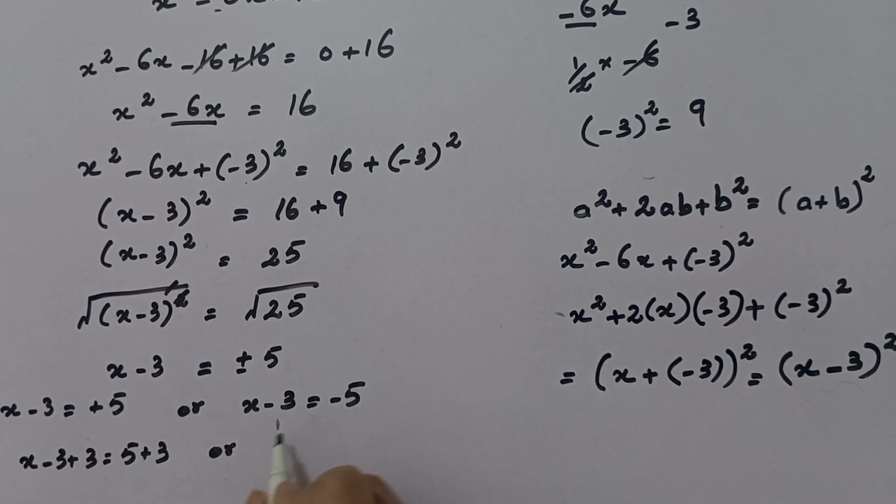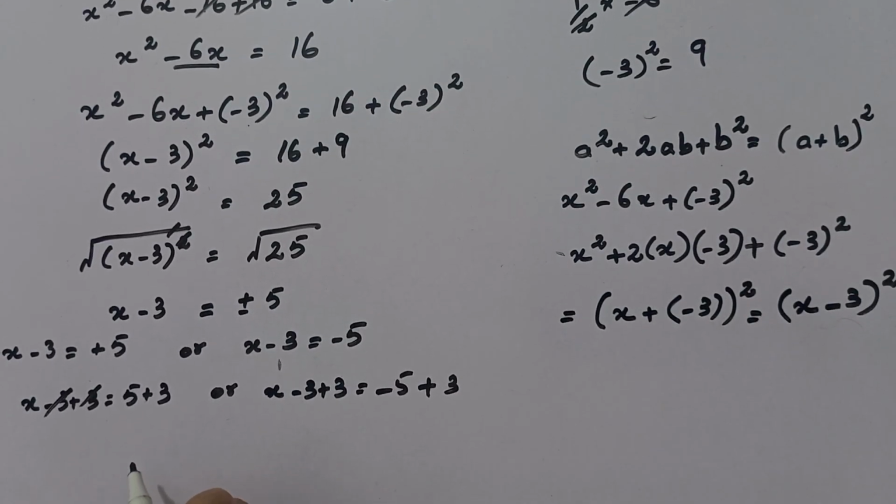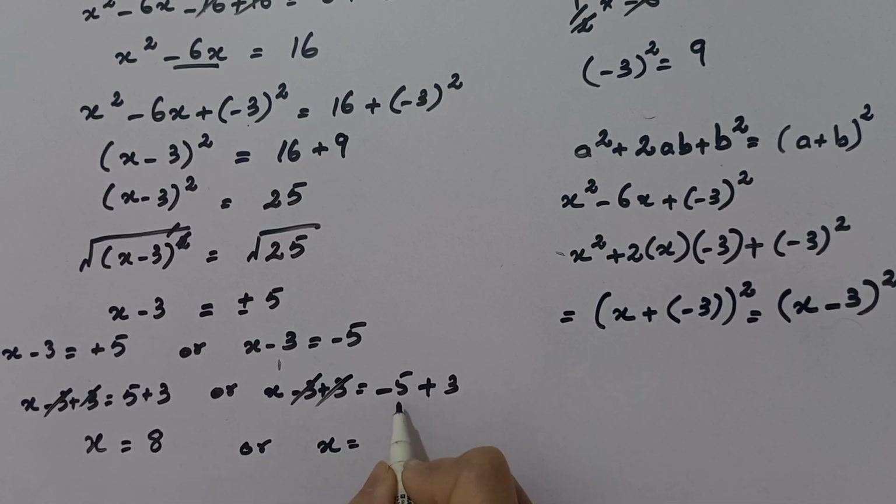Similarly, in this equation as well, we will add plus 3 on both sides. x minus 3 plus 3 equals minus 5 plus 3. Minus 3 and plus 3 cancel. Minus 3 and plus 3 cancel. And we are left with x equals 5 plus 3 is 8, or x equals minus 5 plus 3 is minus 2. These are the two values of x.